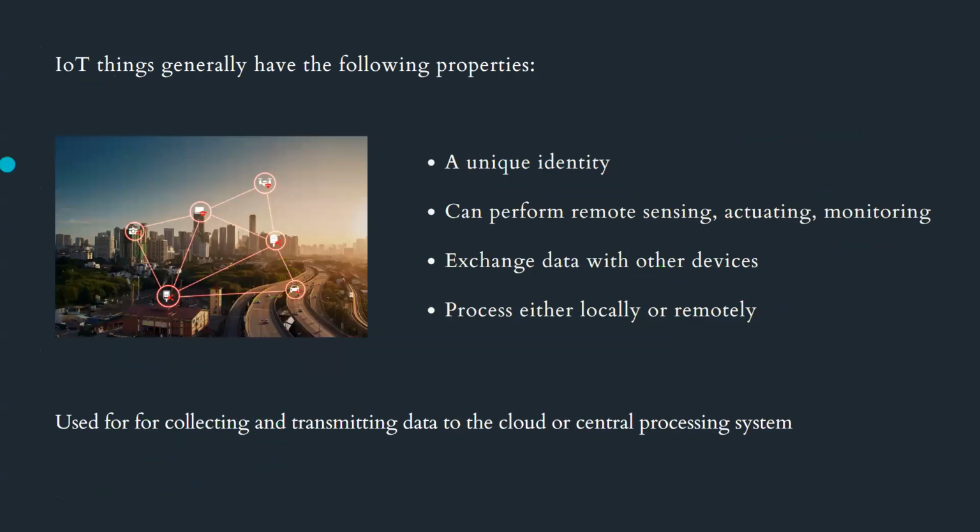Okay, so these things need to have a unique identity. That means each device that is connected to the IoT network should have a unique address so that it can be uniquely identified. So each device is given an IP address, right?